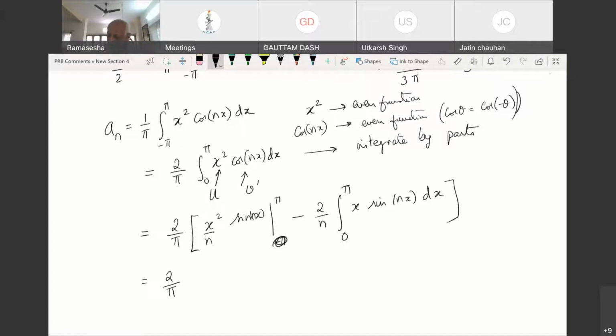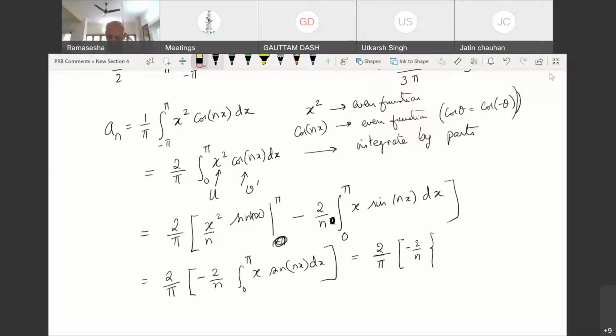And the 2 divided by pi is on the outside. Now I have to integrate sin nx and differentiate x.